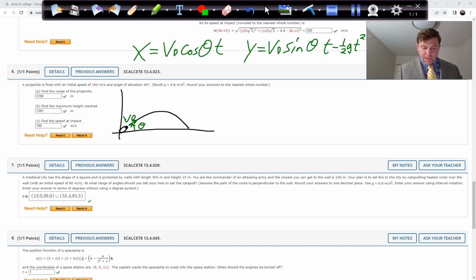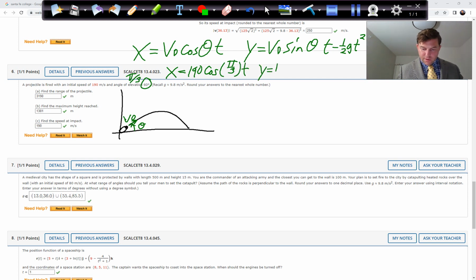So when we plug in what we know, this is 190 cosine of 60 degrees, which is pi over 3. So where does it say 60 right here? Pi over 3 times t.